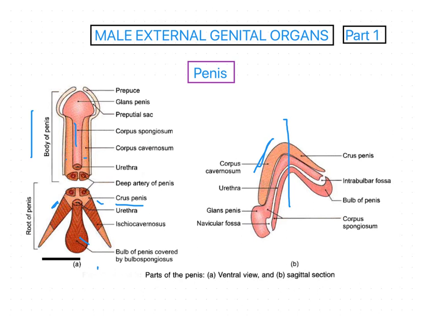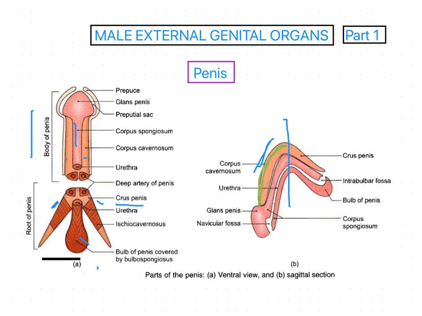In the erect position, the surface which faces upwards and backwards is the dorsal surface. That means this surface forms the dorsal surface.